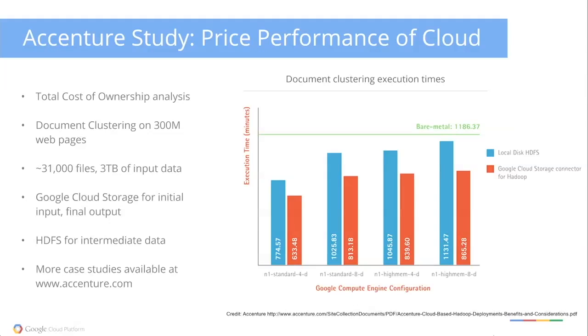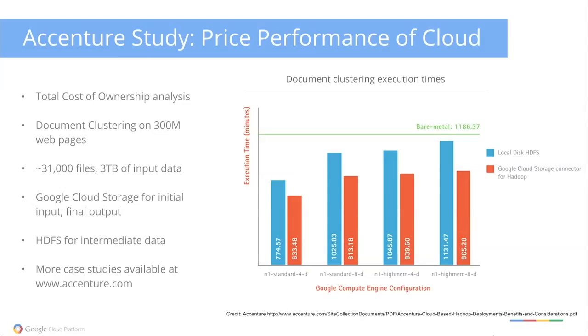But what we have here is at least one sample out of that paper showing a realistic real-world workload where we have the red bars here showing a mixed data flow model where we use the GCS connector for the input and output of the initial and final stages of the MapReduce, still using HDFS as an intermediate store, as compared to the blue bars, which are just using local disk HDFS.